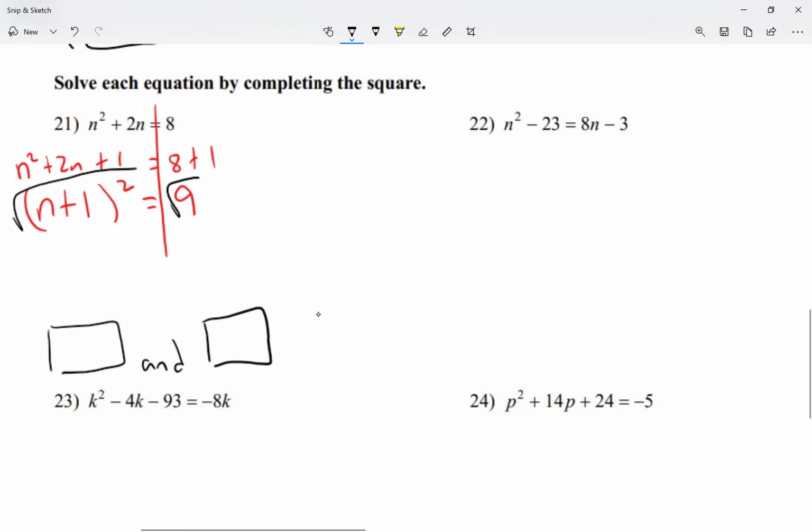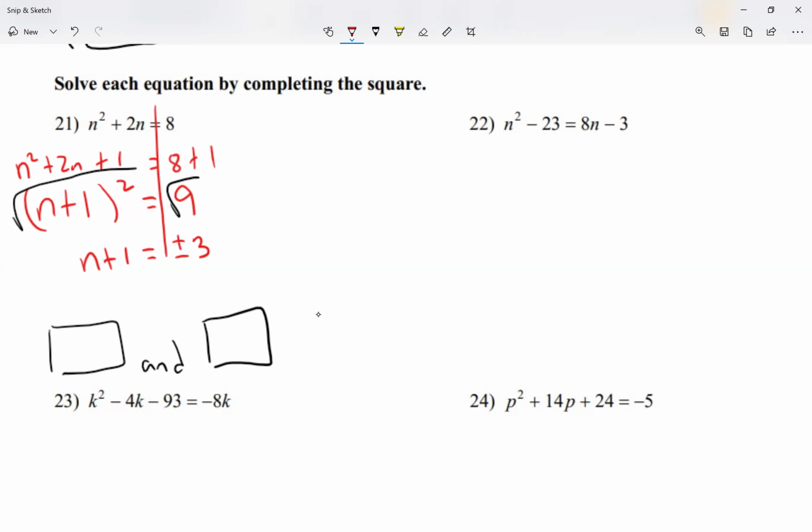I know a square root and a squared exponent cancel each other out. So I'm going to have that n plus 1 is equal to, then I had to think, what's the square root of 9? What number multiplied by itself gives me 9? Well, it's either positive 3 or negative 3, right? So I'm going to include both cases, positive or negative 3.